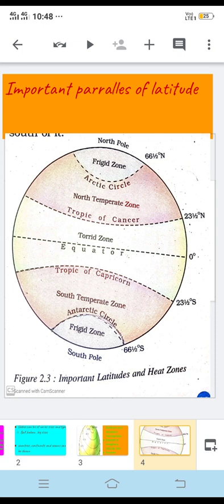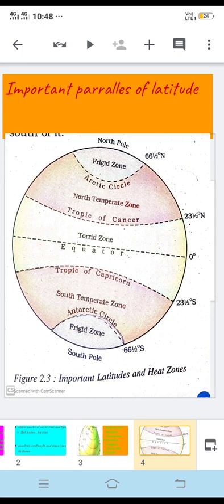Then we have the next type of zone, the frigid zone. Which is the frigid zone? The areas between the Arctic Circle and the North Pole in the northern hemisphere, and the Antarctic Circle and the South Pole in the southern hemisphere, are very cold. Why is it cold?